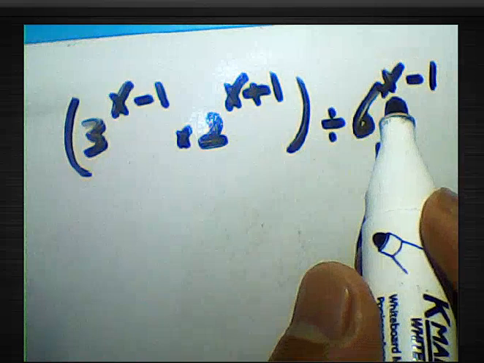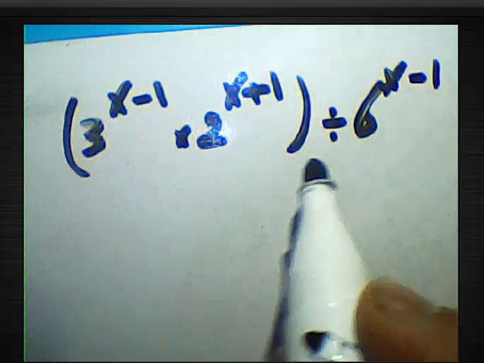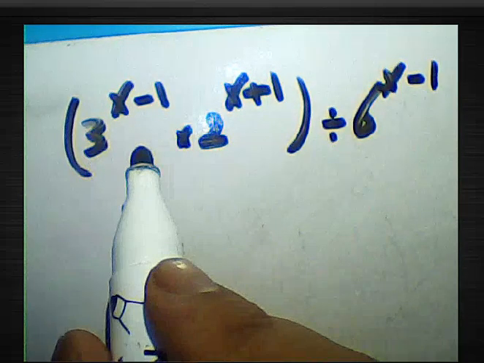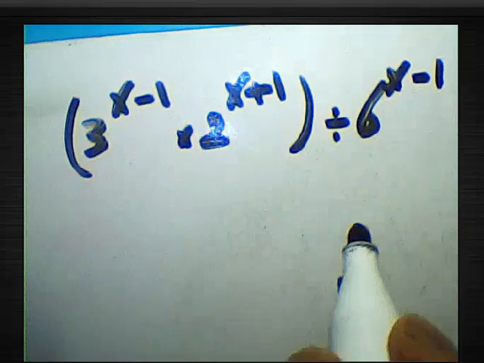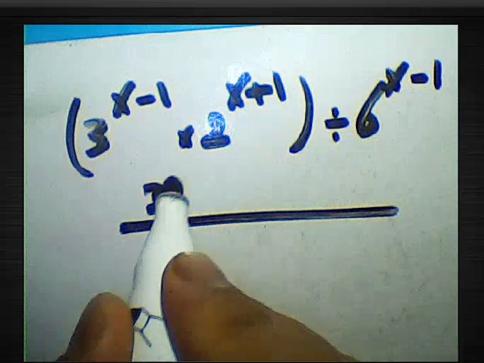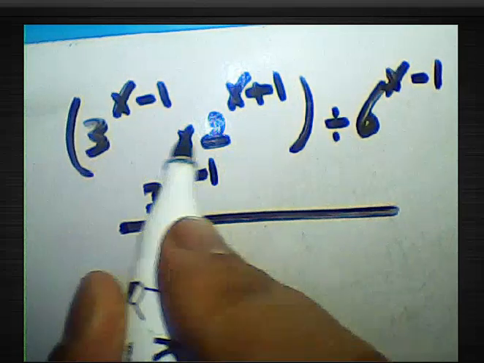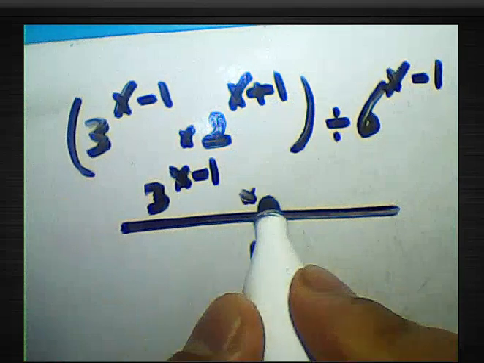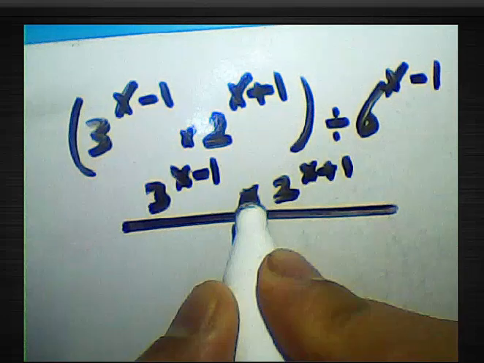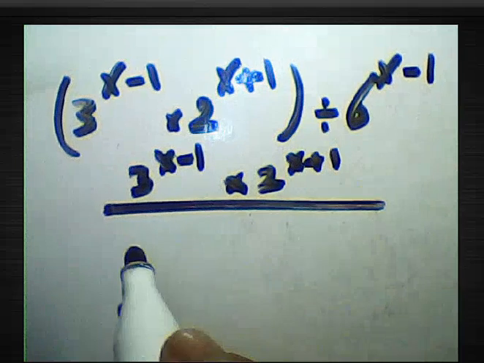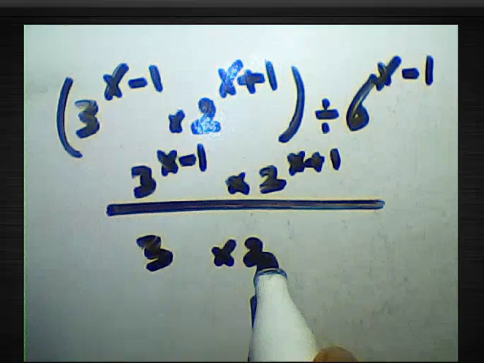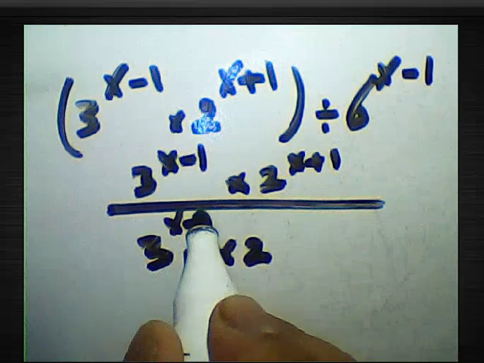6 power x minus 1 and 2 have different bases, and the powers are different. But in this expression you can factorize it. Write this here, 3 power x minus 1, the first expression, multiplied by 2 power x plus 1, and write 6 in the denominator, and 6 equals 3 multiplied by 2, and distribute the power x minus 1.